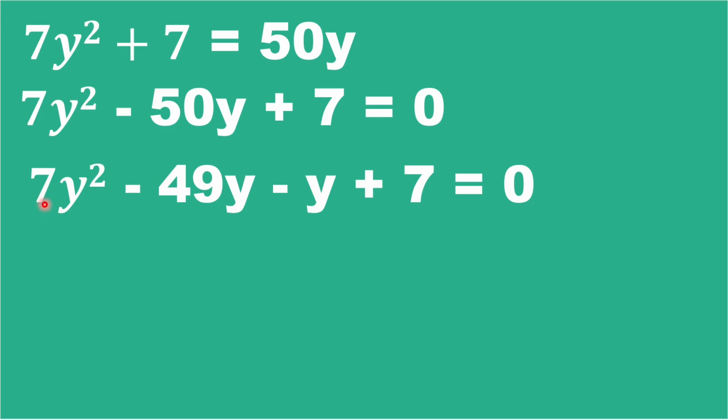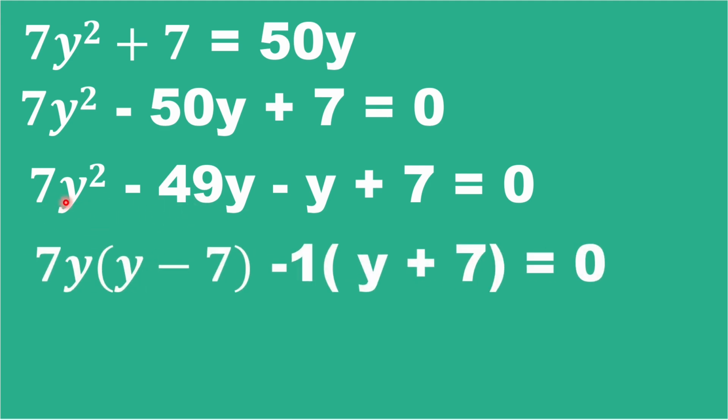And now we will take 7y from these two values, which is common. So let's take 7y as common. Then we have y over here and 7 over here and minus. In these two values, we can take this one as common. So 7y and plus 1. This is not plus here.